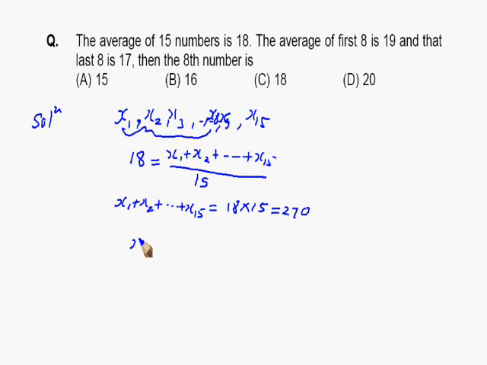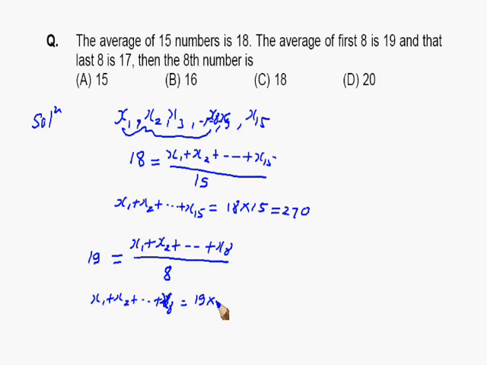So the sum of observations x1 plus x2 up to x8, with 8 observations and mean 19, is 19 into 8, which comes to be 152.